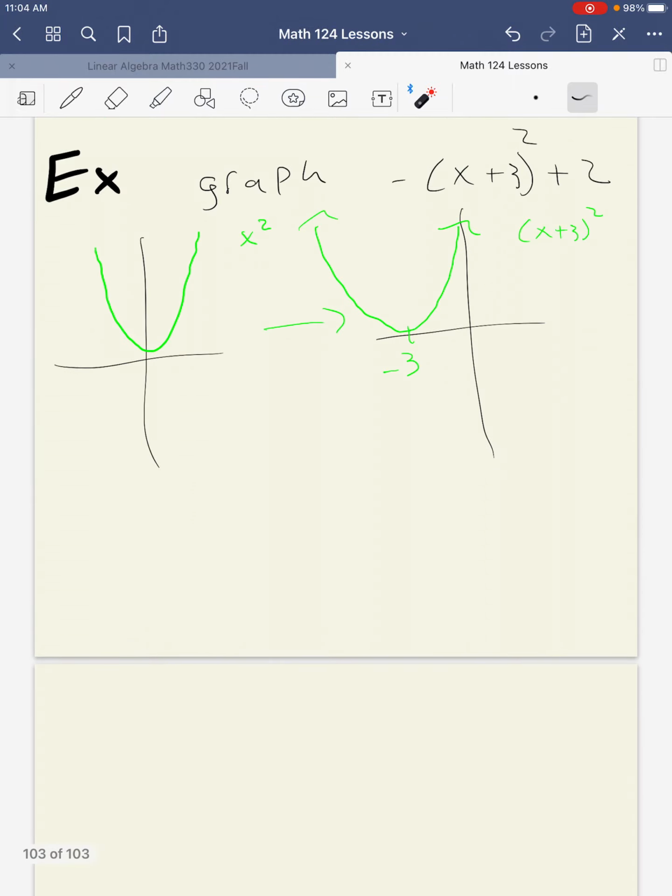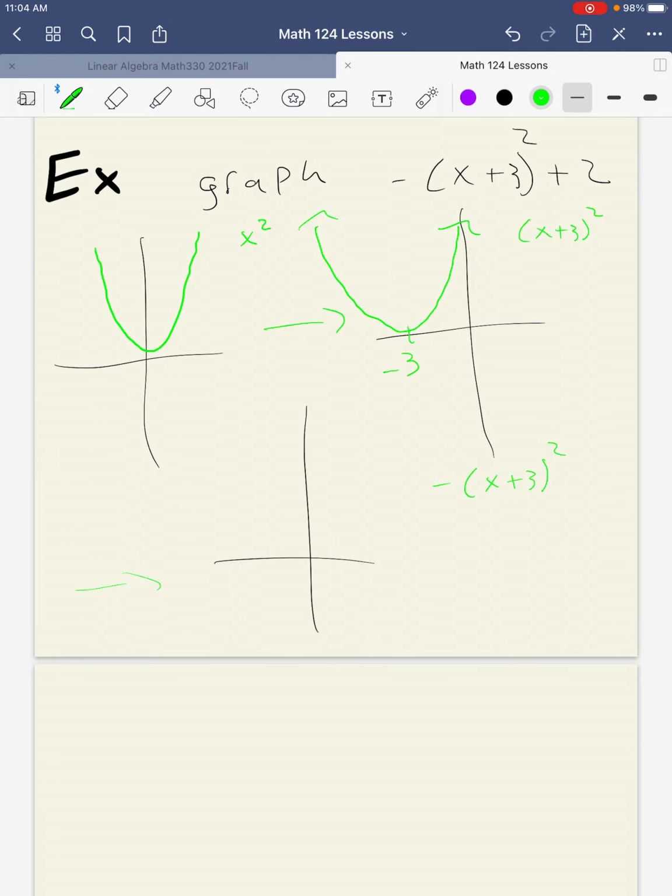So the next transformation, we could deal with the minus sign now. It doesn't really matter in what order you do these in, as long as you are careful. So then recall the minus sign flips upside down. So now we have this graph, right?